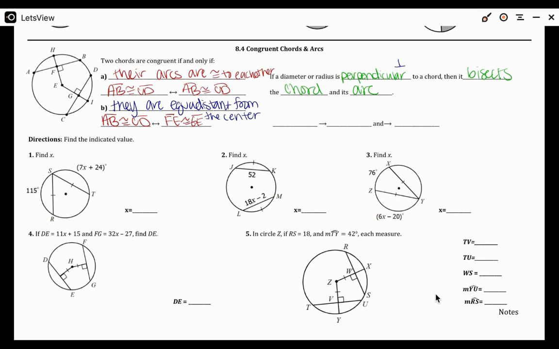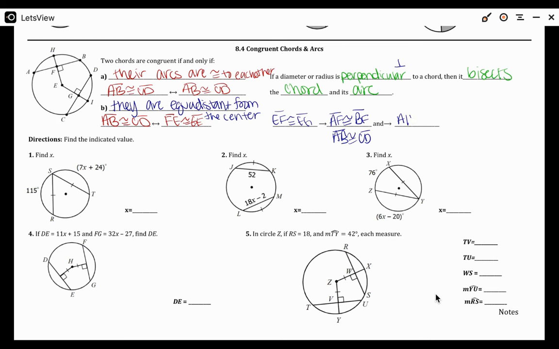It's when two segments intersect at a 90-degree angle. Okay. So if that happens, then we know that EF is congruent to EG. Then we know that AF is congruent to BF, and AB is congruent to CD.